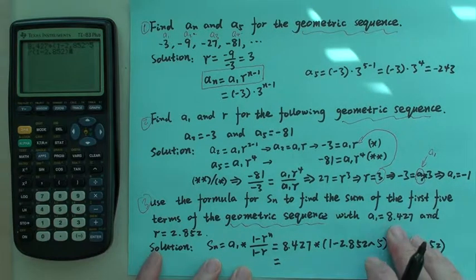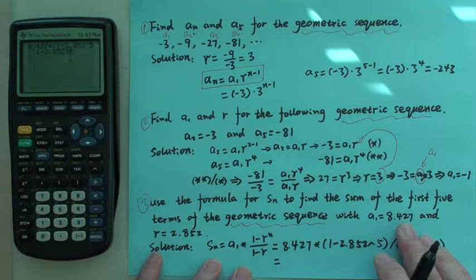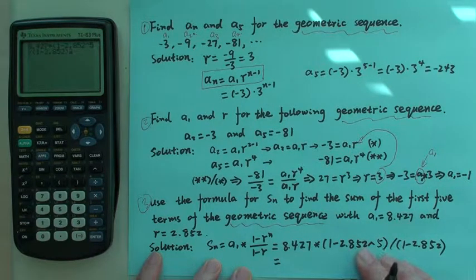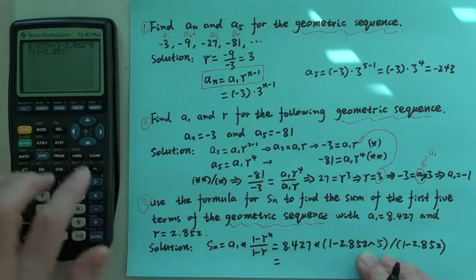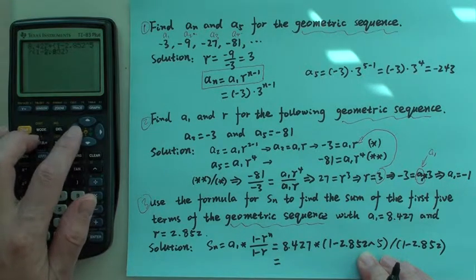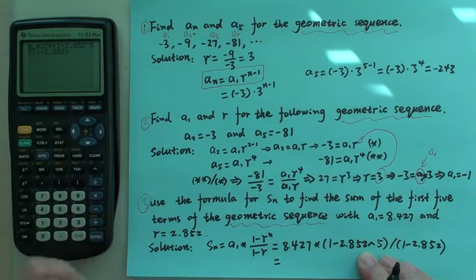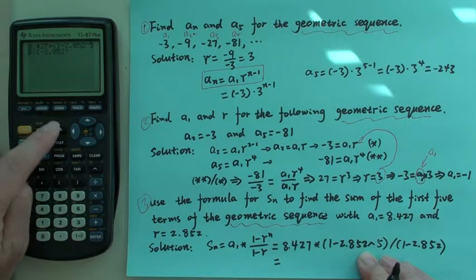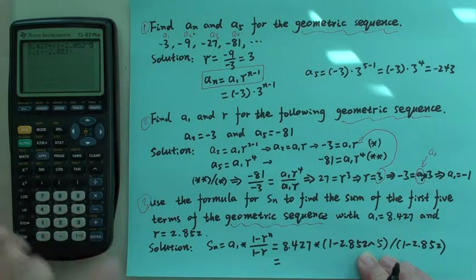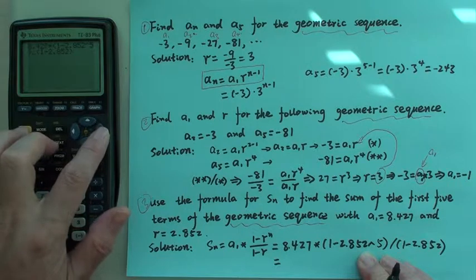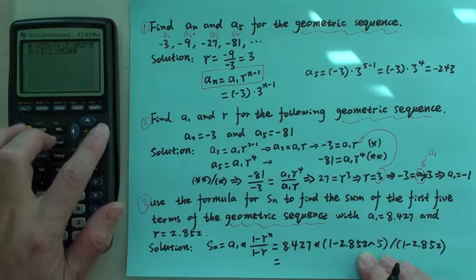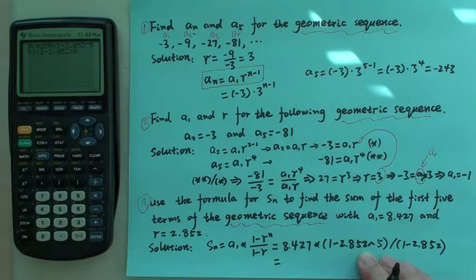To see if I did right, I want to double check it. 8.427 and 2.852, 2.852. Something is wrong. You see here, I forgot one bracket. Okay, let me insert this one. If that one was not there, it would be a disaster.